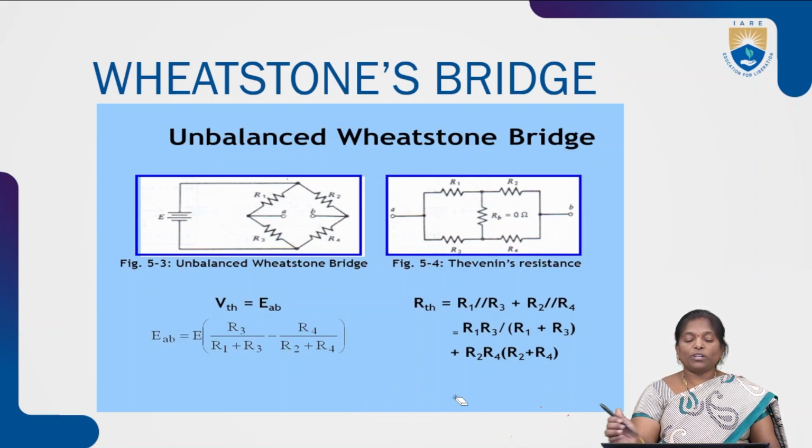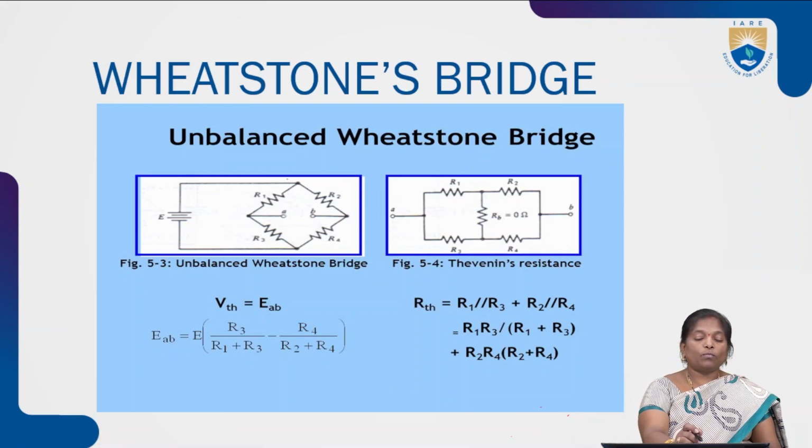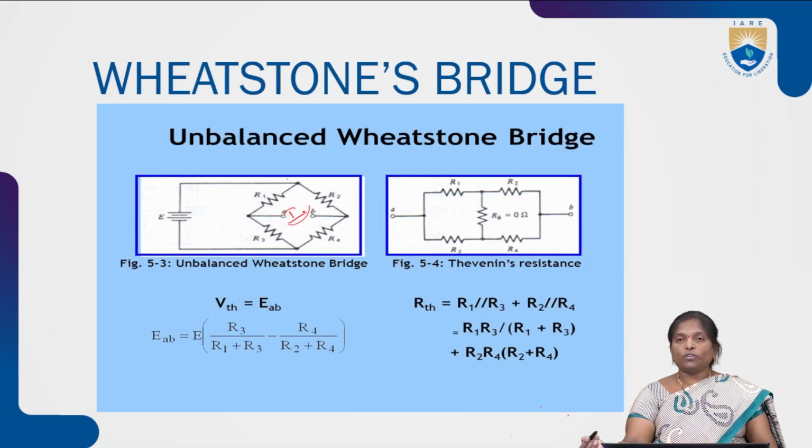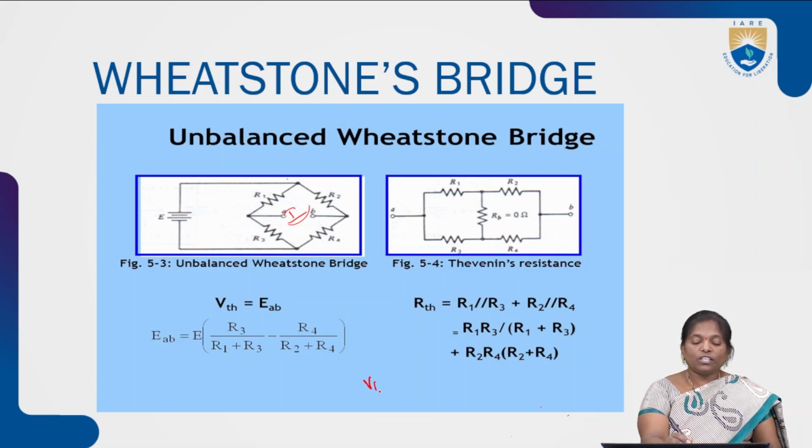So, first of all, to measure Thevenin's voltage, we are assuming that the 4 arms of the bridge are represented with R1, R2, R3, R4. This is where we are placing the galvanometer across the AB terminals. So, the current passing through the galvanometer is nothing but V by R. So, voltage across this point, V Thevenin, is nothing but EAB.